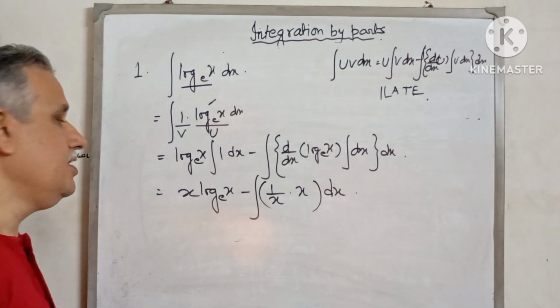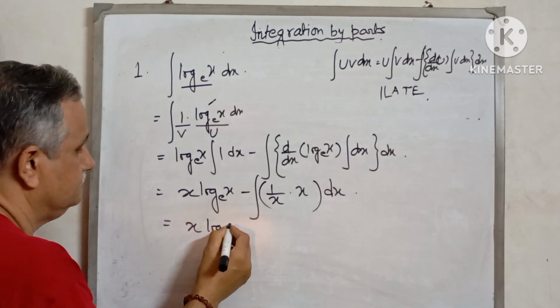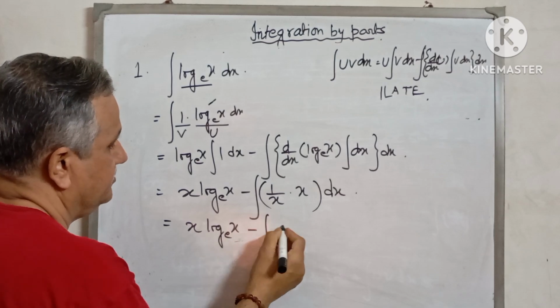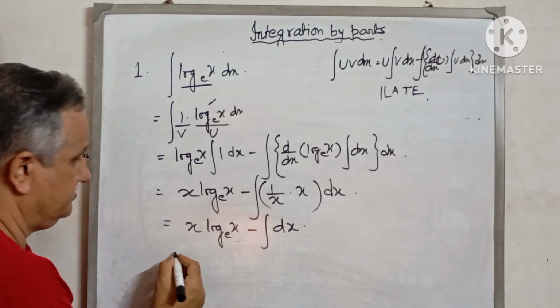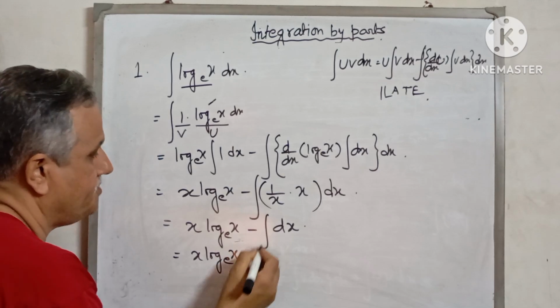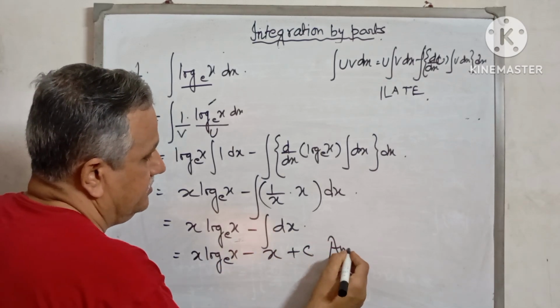This is the rule. Now it becomes x log x minus, x cancels, that is only integration dx. So x log x, integration dx is x, plus c. This is our answer.